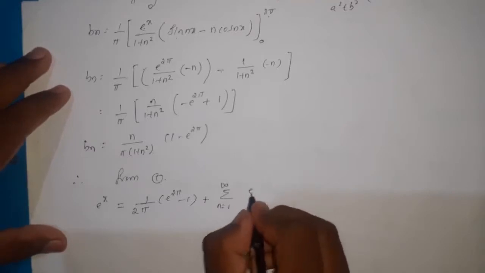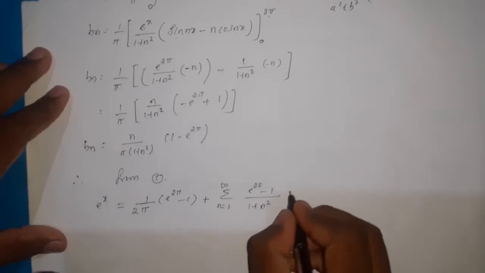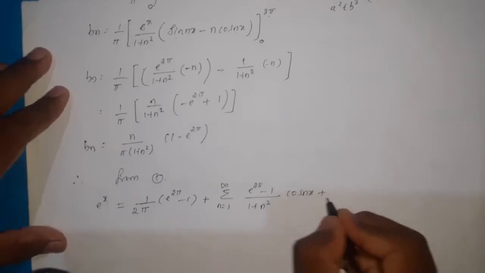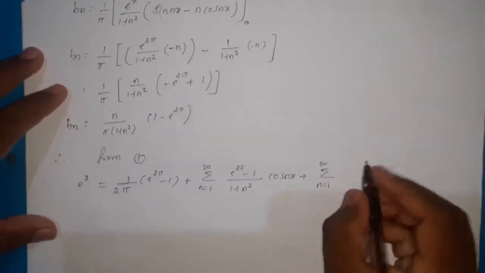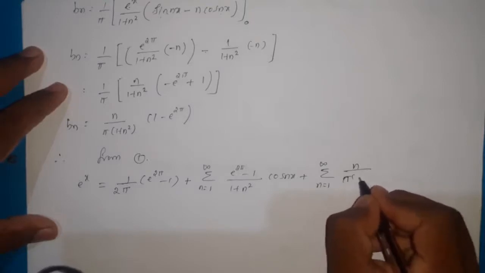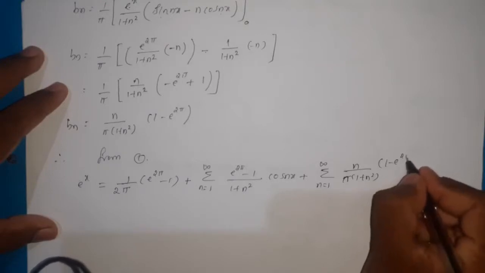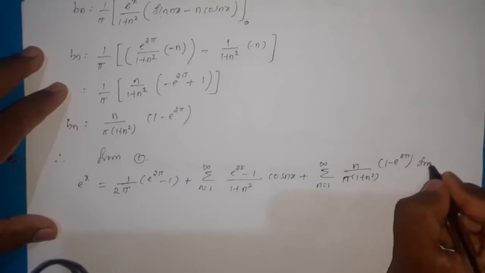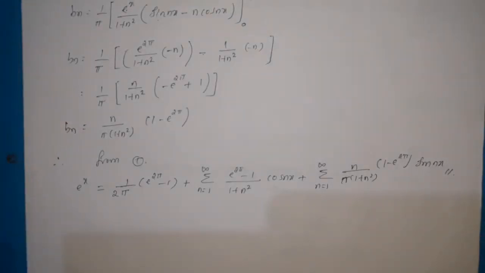So a n is e power 2 pi minus 1 divided by 1 plus n square cos nx plus summation over n equal to 1 to infinity bn is n divided by pi into 1 plus n square 1 minus e power 2 pi into sin nx, which is the required expansion of the given function in the interval 0 to 2 pi.